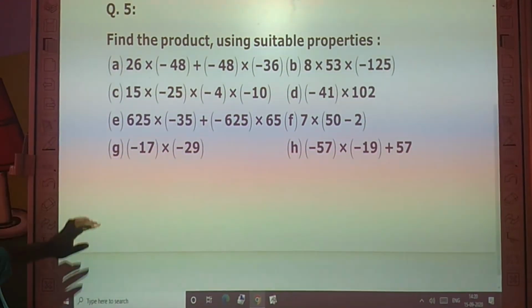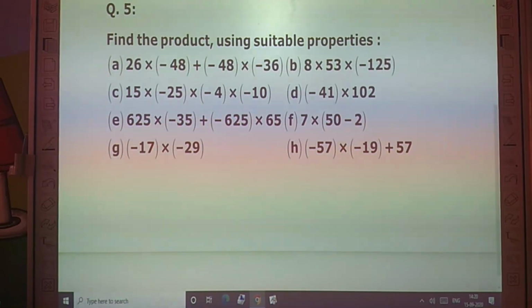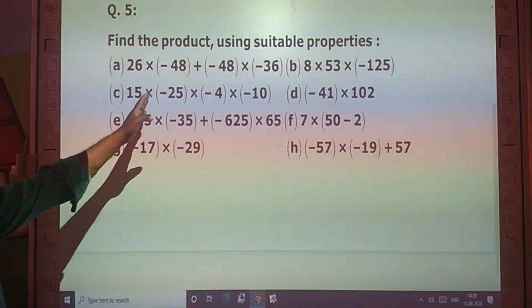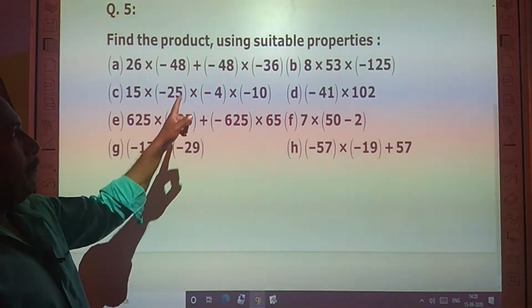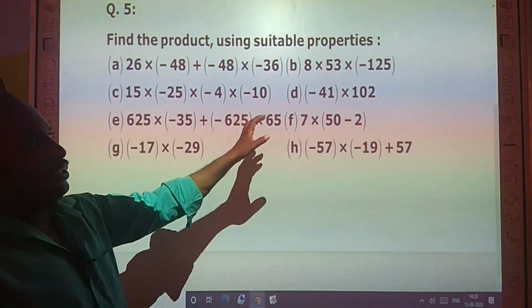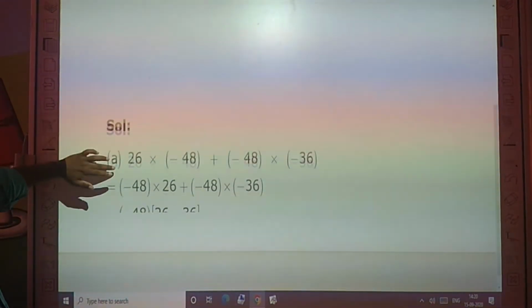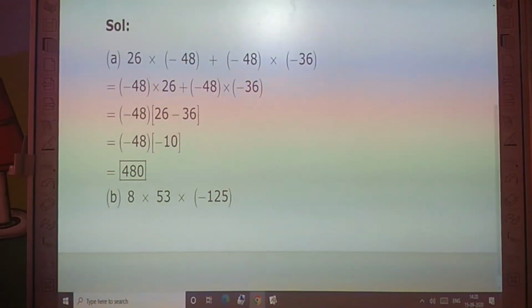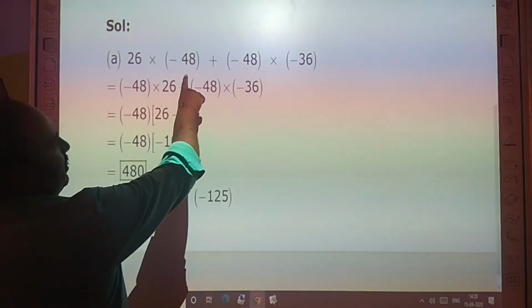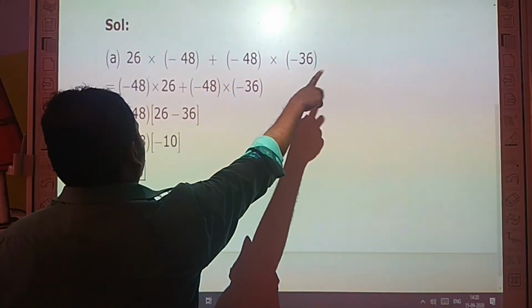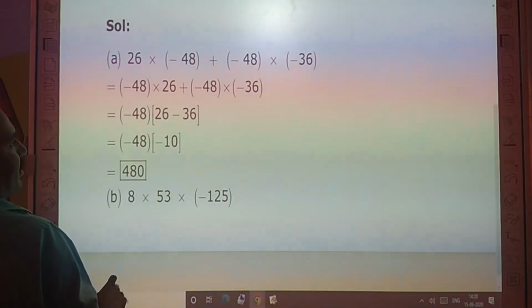Question number 5. Find the product using suitable properties. Take the first one, question A: 26 into minus 48 plus minus 48 into minus 36.